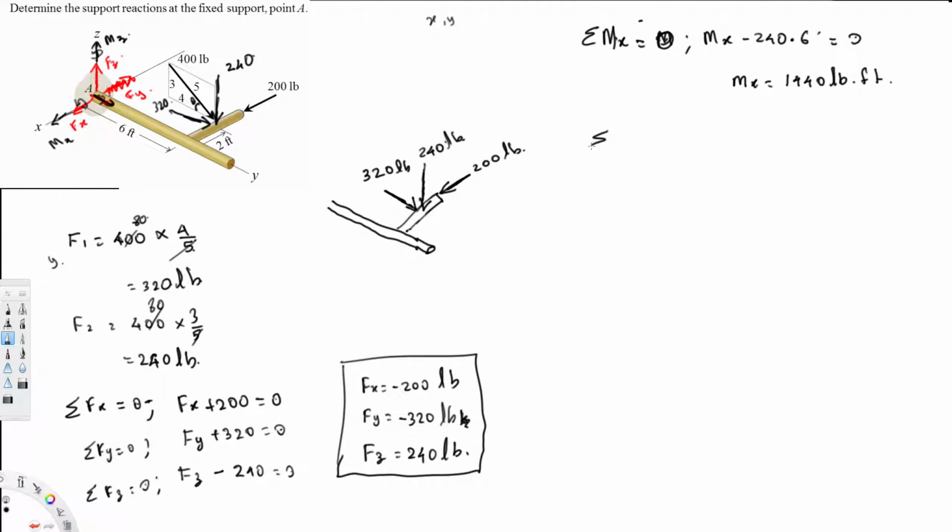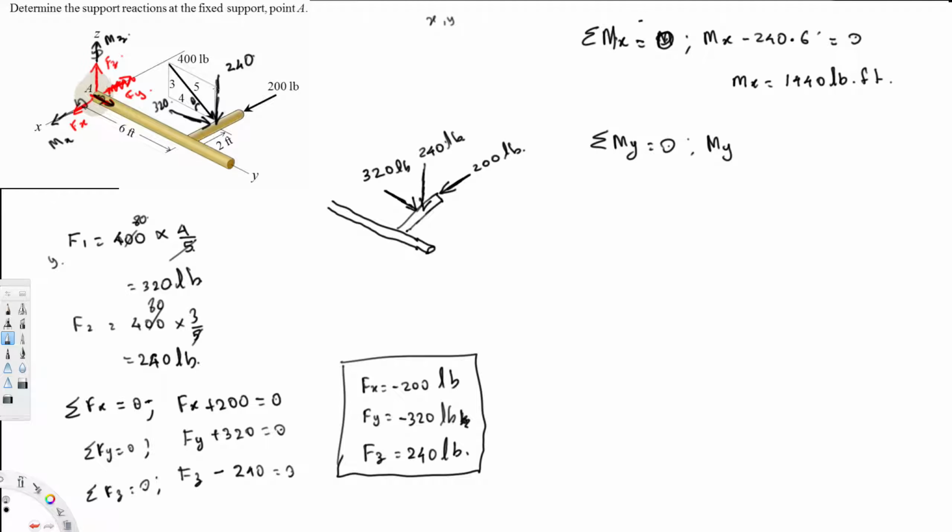Then if I take the y-axis, as I mentioned before, for x and y, z is the only one that's going to create moment. Therefore, we only take z. So this My is positive, and I have to look at Fc.